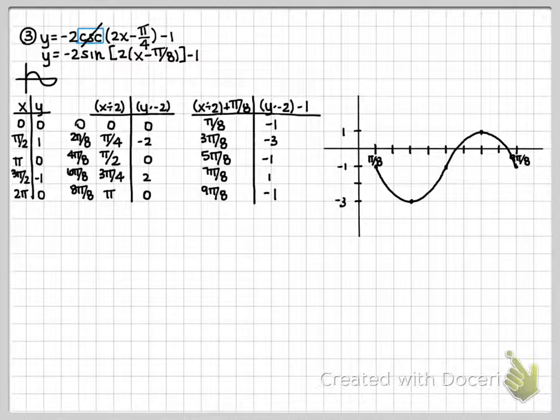All right, so now let's actually create a cosecant graph. So I grabbed my blue pen. Let's go ahead and rewrite my blue equation here for my cosecant. So it's going to be y is equal to -2 cosecant, took out a 2, of x minus pi over 8, minus 1.